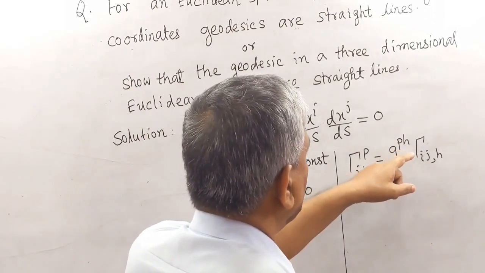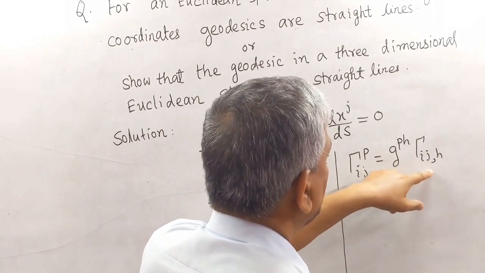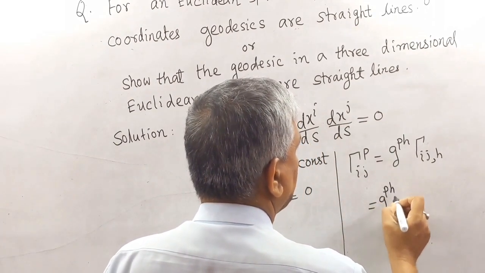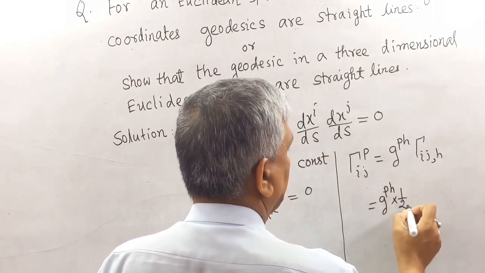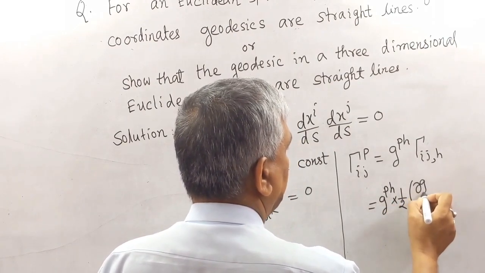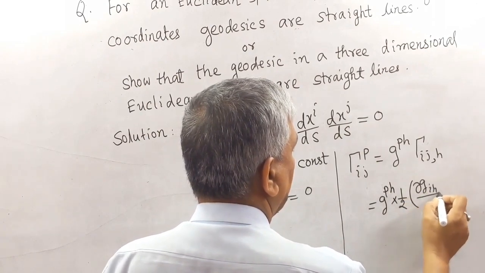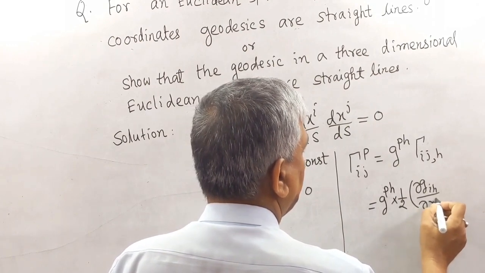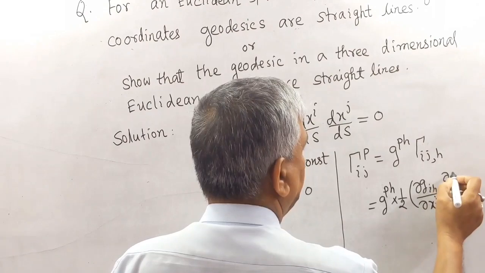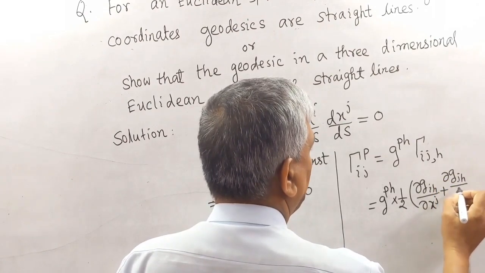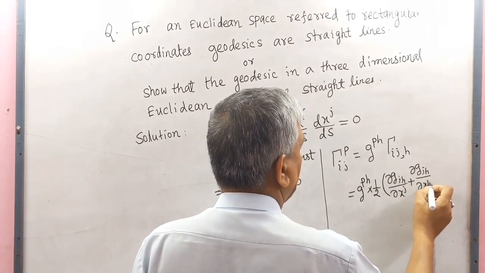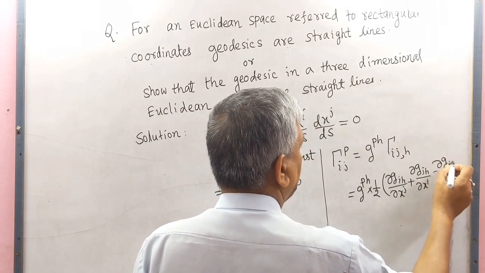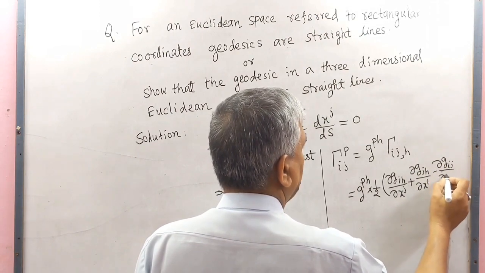Now we write Christoffel symbol of first kind, gph into half del gih by del xj plus del gjh by del xi minus del gij by del xh.